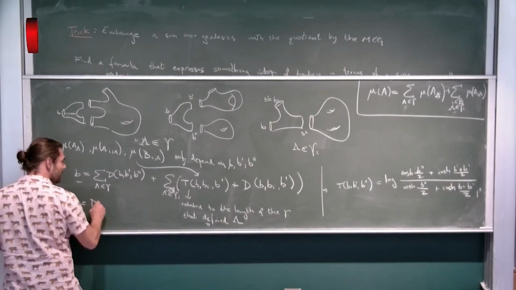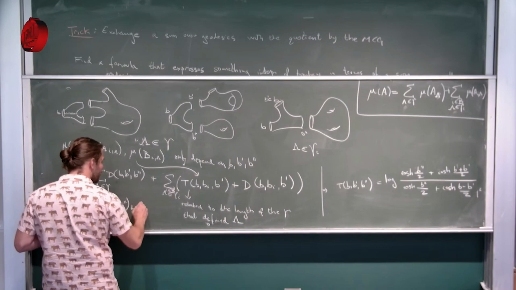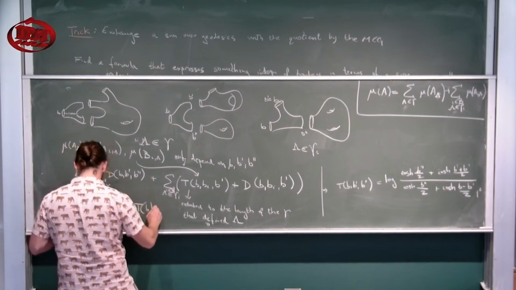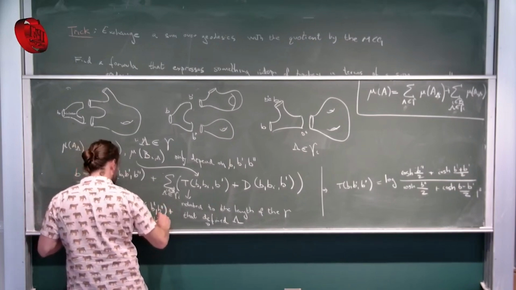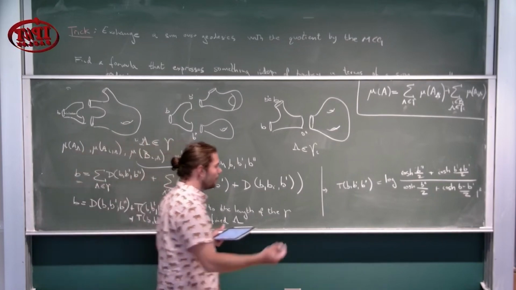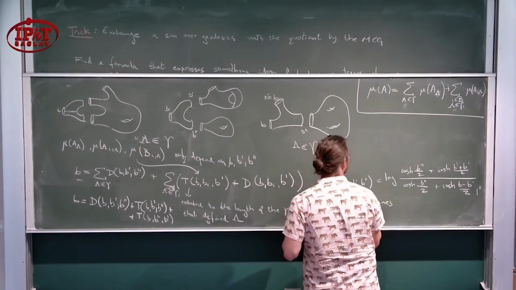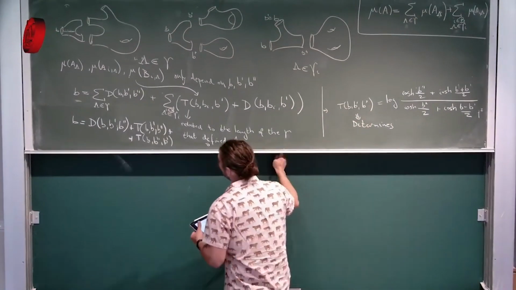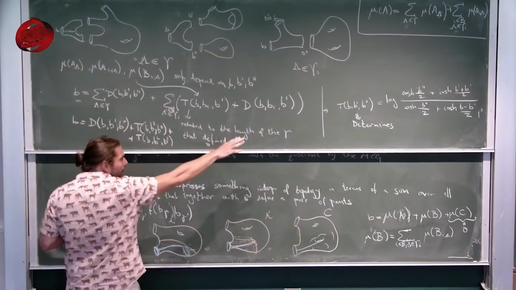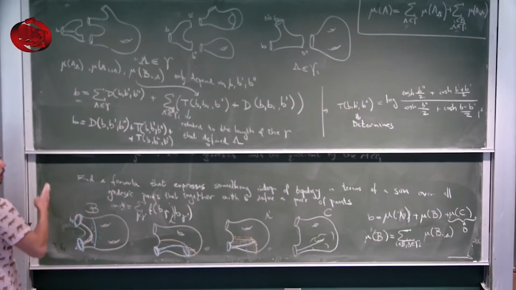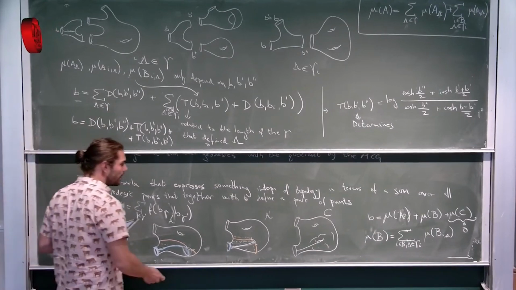So B can also be written as a sum of D of B, B prime, B double prime, plus T of B, B prime, B double prime, plus T of B, B double prime, B prime, which determines D. So now you get this funny formula where you essentially write an external geodesic length as a sum of very explicit functions that you know, a sum that involves all possible pairs of pans that you can write down on this hyperbolic geometry.